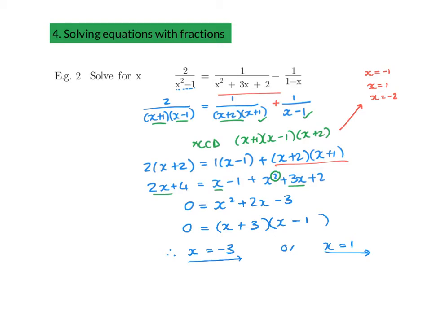And in maths, it's undefined if we divide by 0. So if I go back to my answer, I can see that x equals 1 is actually excluded because x may not be any of those. So as my final answer, therefore, x is negative 3 only.